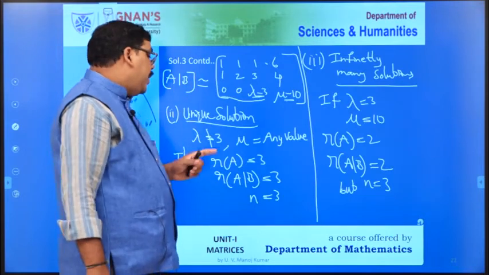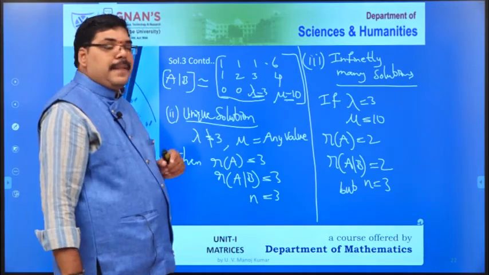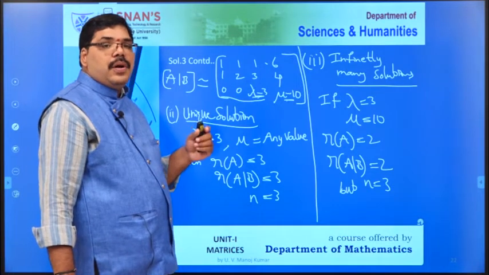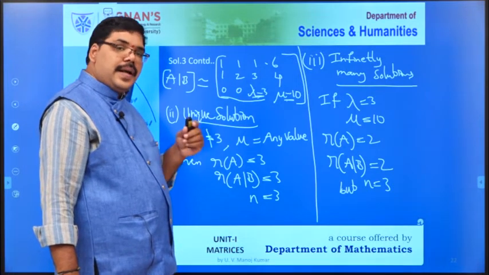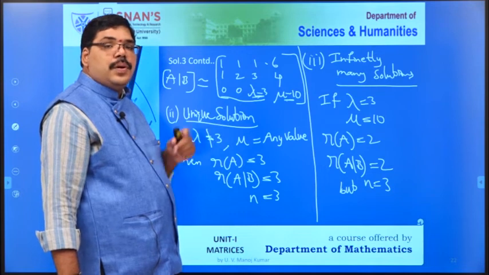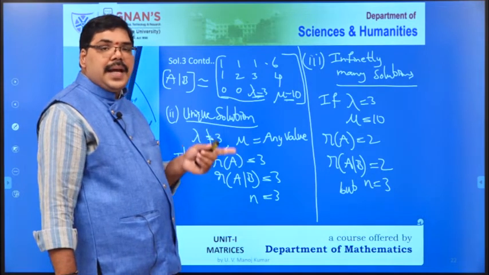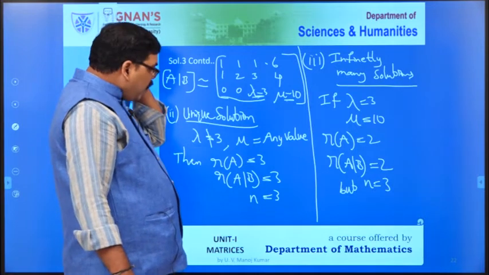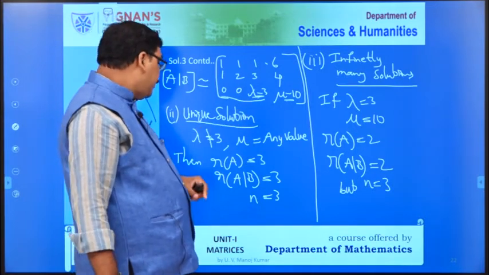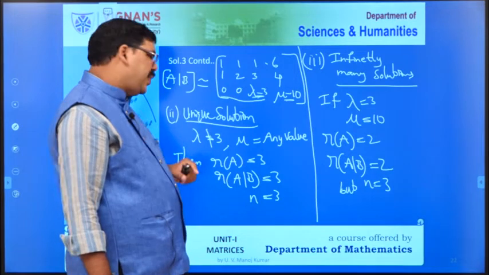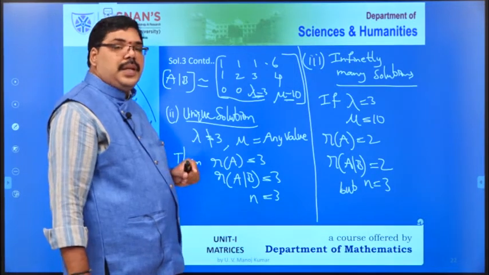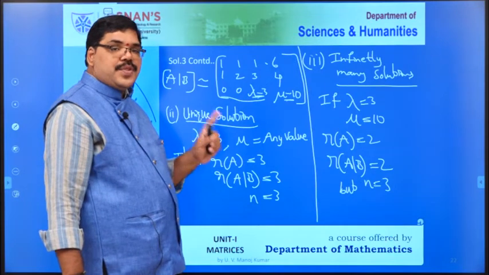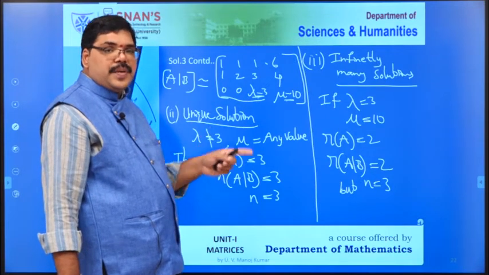Similarly, when lambda is not equal to 3, this position becomes non-zero. So rank of A becomes 3, rank of AB also becomes 3.